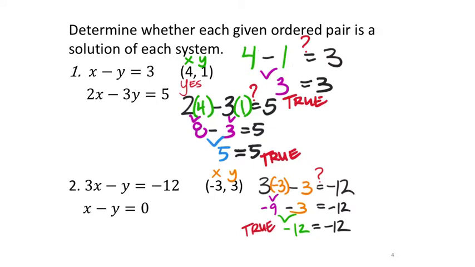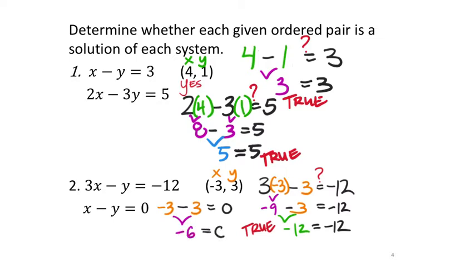Let's go in, and once again, we have the equation. Let's rewrite it: x minus y needs to equal 0. They've given us an x value that's negative 3, and its corresponding y value is positive 3. One of the mistakes we see on a problem like this one is, especially if students do it in their head, they see 3 minus 3 and it's 0, but this is negative 3 minus 3, which is actually negative 6.